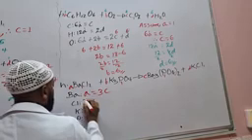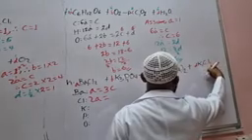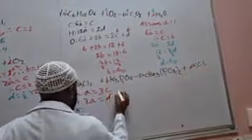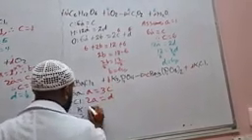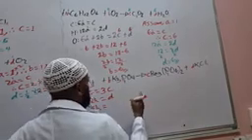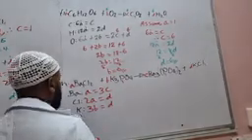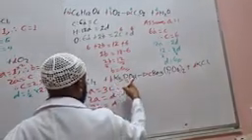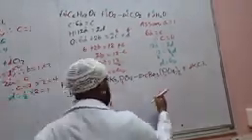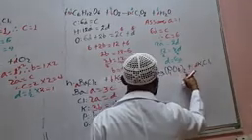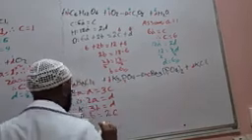Chlorine: 2 times A, 2A, is equal to chlorine in the product, 1 times D. Potassium in the reactant is 3 times B, 3B, equal to potassium in the product, 1 times D, which is D. Phosphorus in the reactant is 1 times B, and in the product 2 times C, 2C.